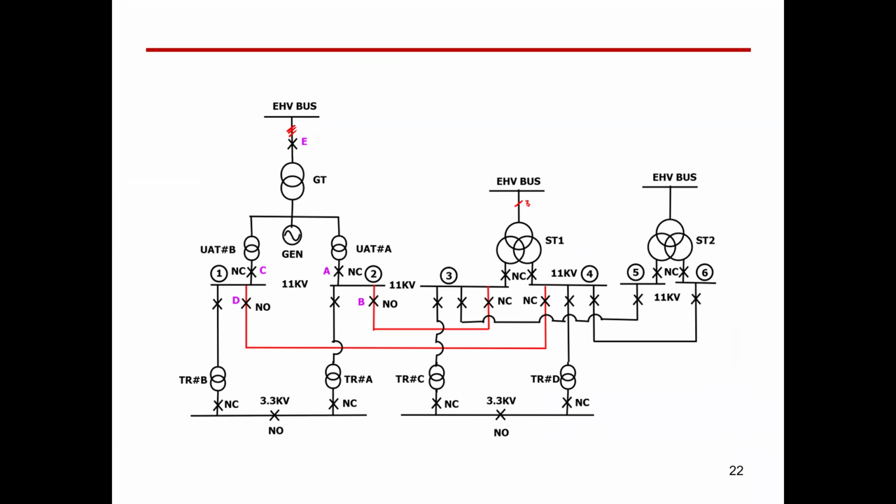This means it's a single line diagram and this represents a three-phase system. So this is a symbol of a transformer. Here, this is a symbol of a generator. This is another transformer here connected to another circuit breaker, to another bus bar, and so on. So this is how to read a single line diagram.